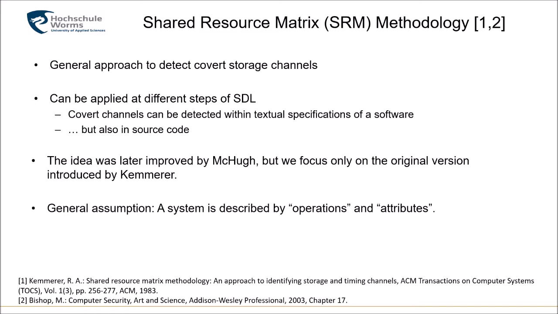John McHugh later improved this work, I think in 1996 or so, but we focus only on the original version by Camera. The general assumption here is that a system can be described by operations and attributes, where the operations have a link to the attributes.